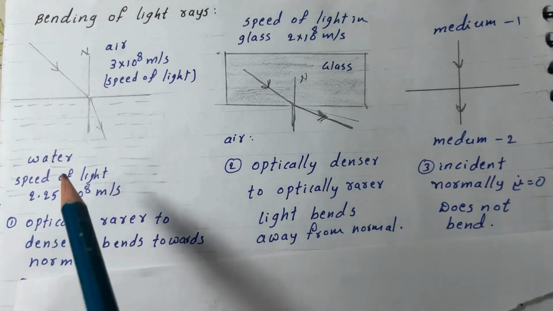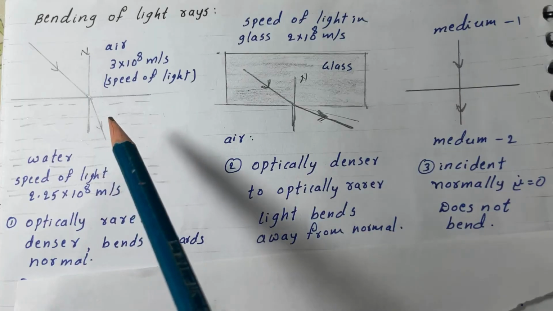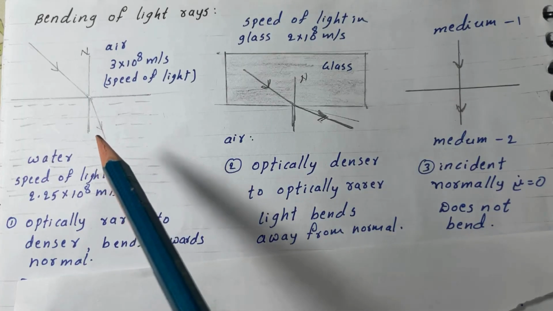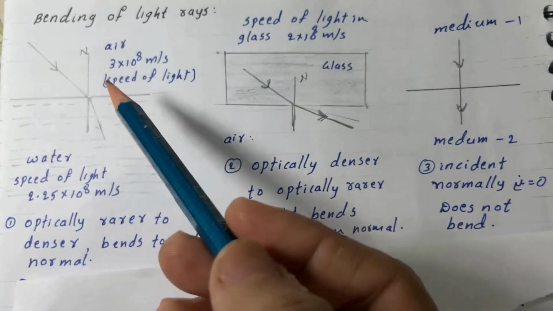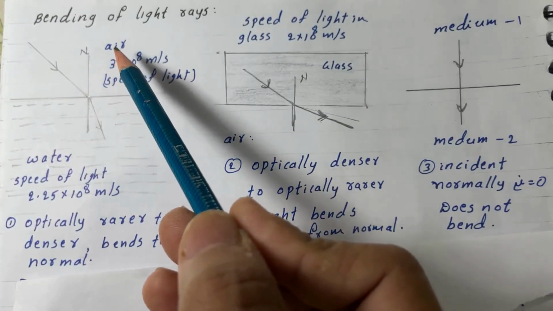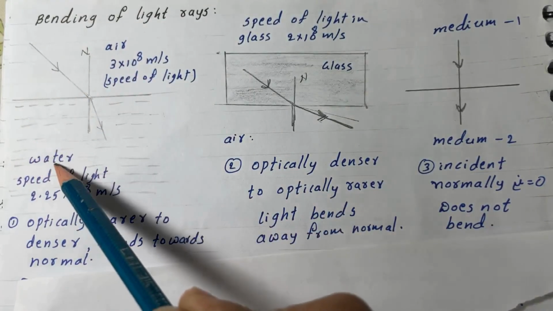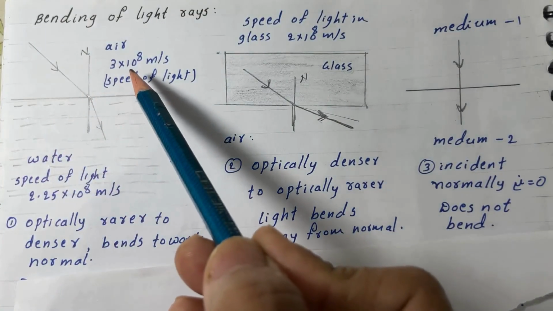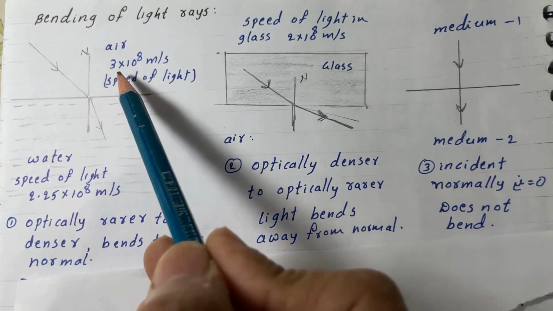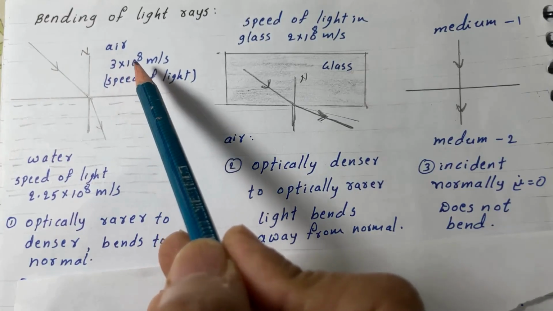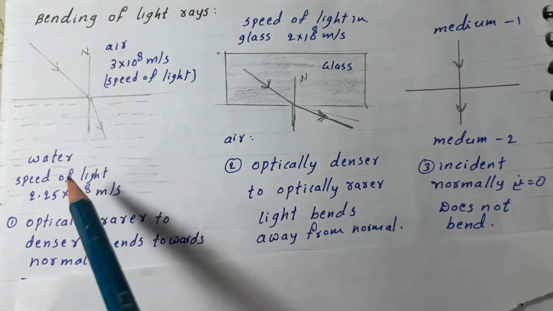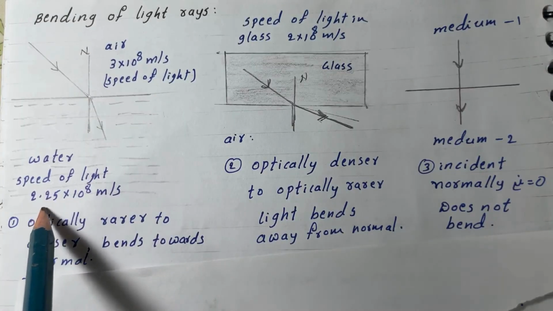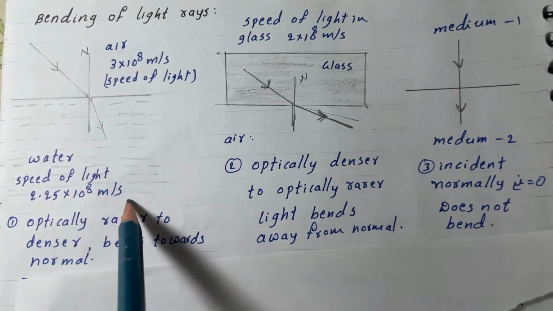Here we see bending of a light ray when it is traveling from optically denser to rarer or rarer to denser. First example: here light is traveling from air to water. The velocity of light in air is 3 into 10 power 8 meter per second, and in water the velocity of light is 2.25 into 10 power 8 meter per second.